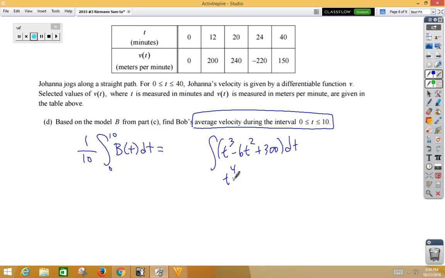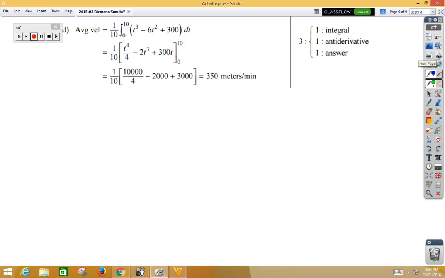We'd have t to the fourth over 4 minus 2t cubed plus 300t from 0 to 10. We would have to plug in and then divide by 10. I'll let you do those calculations. But we end up with 350 meters per minute. 1 point for the integral, 1 point for the derivative, and 1 point for the answer.